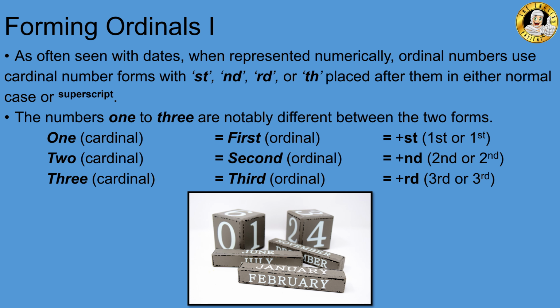And the suffix or the ending that you want to add is an ST if you're using the numeral. So you would write that as 1 ST or normal script or superscript, as you can see in the examples. 2 becomes second as an ordinal number, the suffix being ND. 3 becomes third as an ordinal number, and the suffix is RD. So these 3 are notably different, and you need to make sure that you know first, second, third.